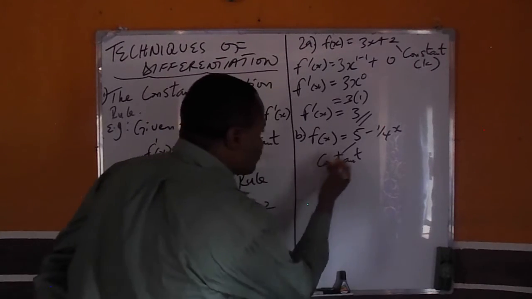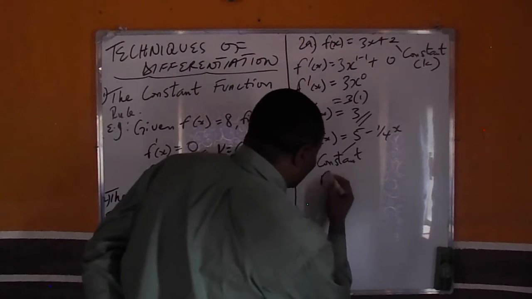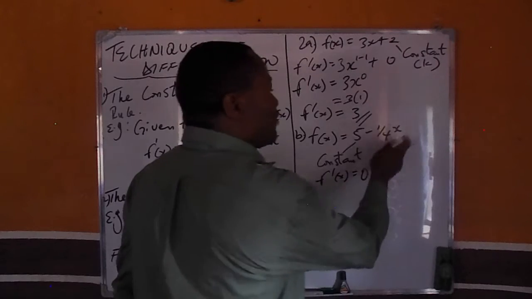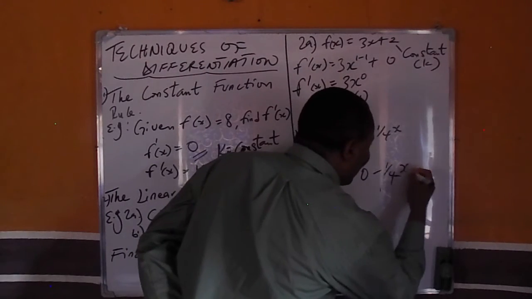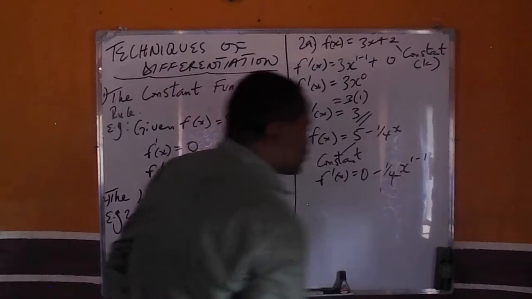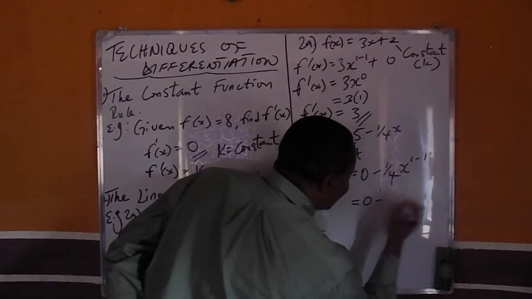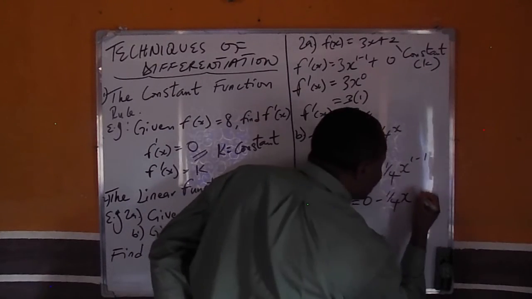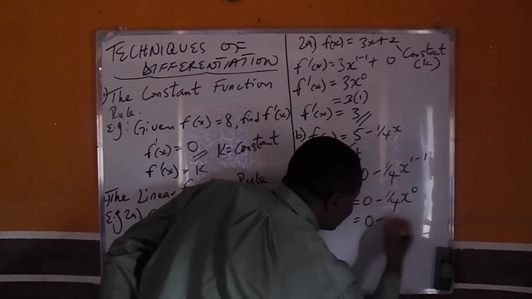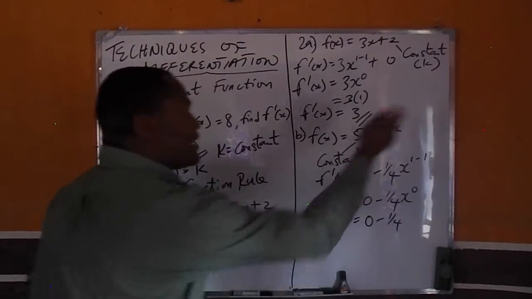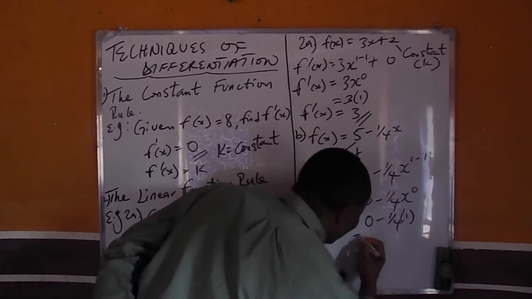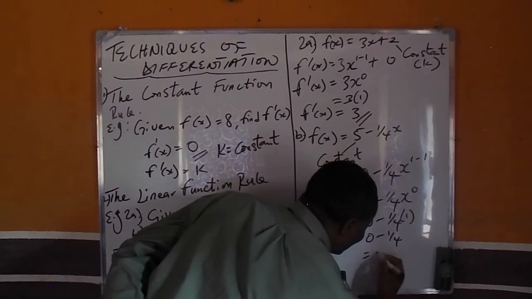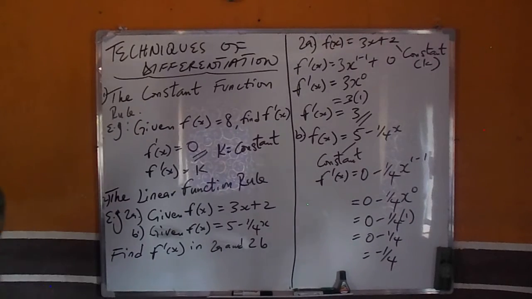So f prime of x equals 0 minus, this is 1 over 4x, which will give us 1 over 4x raised to power 1 minus 1, which equals 0 minus 1 over 4 times x raised to power 0, which is 1. This times 1 over 4 equals negative 1 over 4.